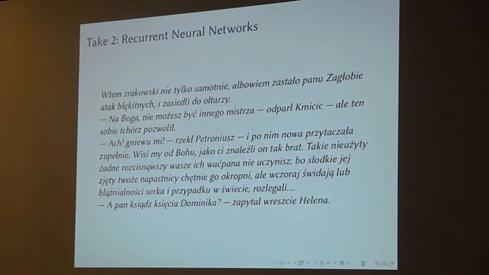There were several hundred years between the times these two novels happened, and the model definitely learned the style or the kind of words Sienkiewicz used. So it has this feeling of a bit old text, and I think the result is quite nice. Again, I produced several paragraphs of such text, and you have it available in the package.